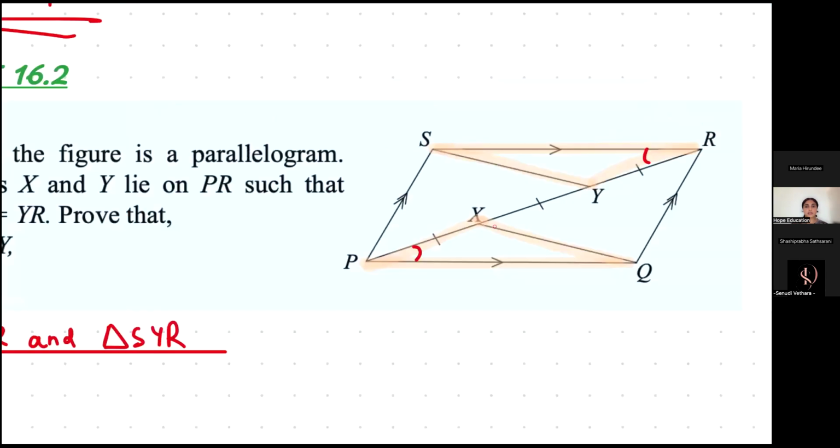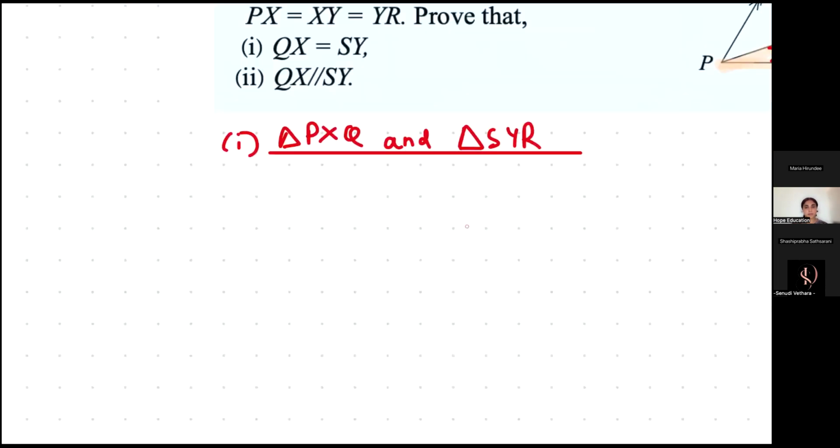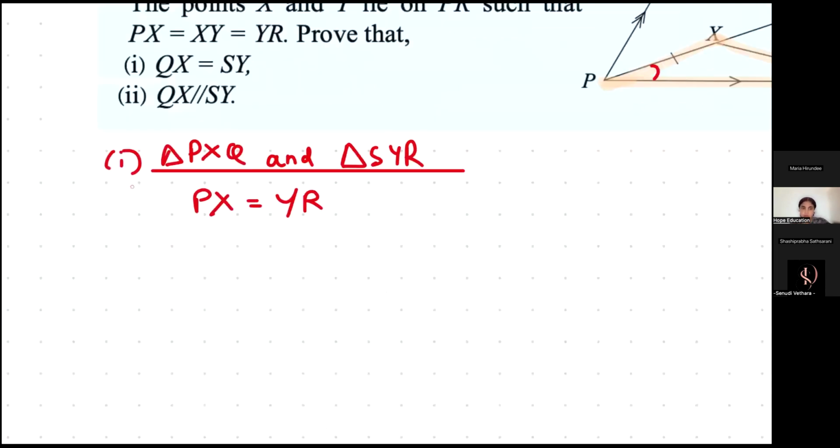PX equals YR. Reason: given. They have given.